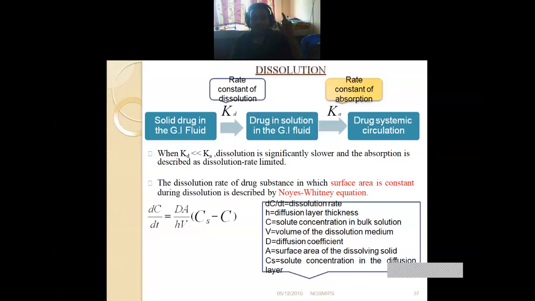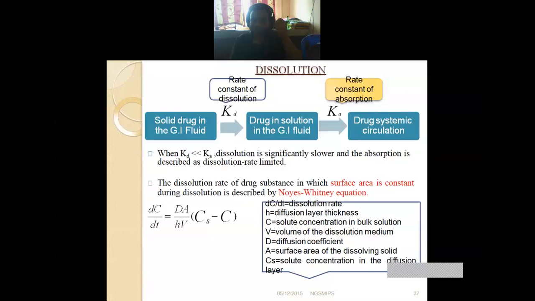C is the solute concentration in the bulk solution, meaning the amount of drug with the excipients present in the particular solvent. V is the volume of the medium.